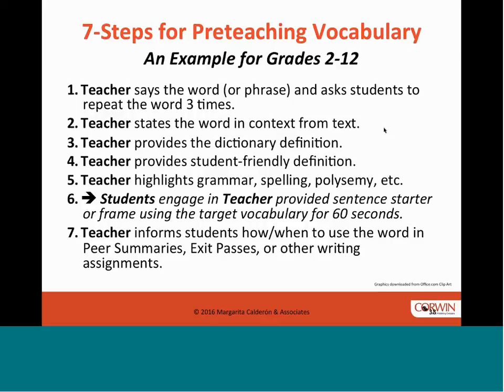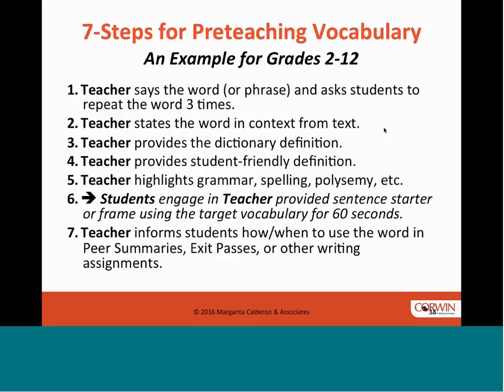There are 7 steps for pre-teaching vocabulary. This is only for pre-teaching. For instance, step number 1, the teacher says the word or phrase and asks the students to repeat it 3 times. This is for pronunciation purposes. Step number 2, the teacher states the word in context from the text.